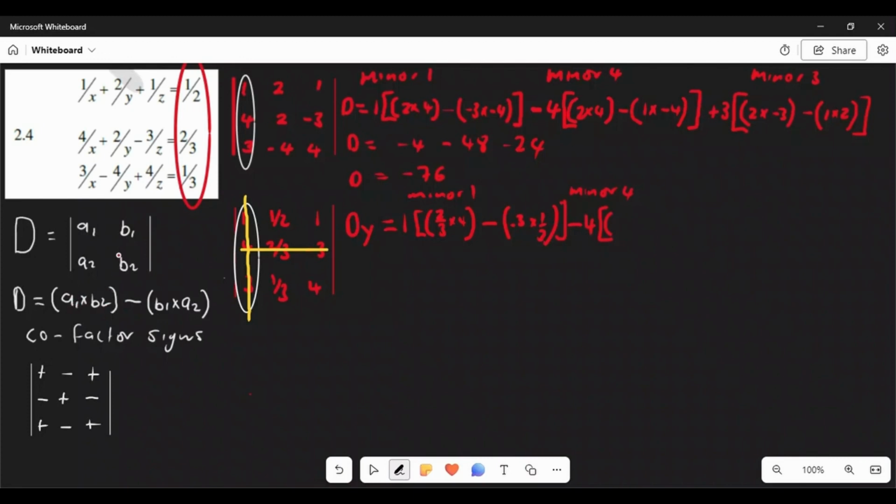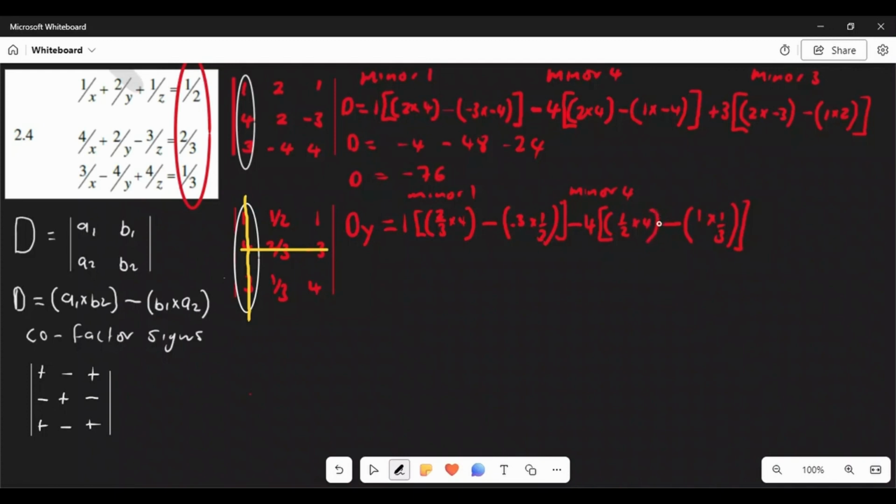It's going to be a1 multiplied by b2, which is half multiplied by 4, minus, don't forget we subtract, b1 multiplied by a2, which is 1 multiplied by 1 over 3. So when the minor is 4, this is how we do our determinant. I hope you guys can see what is happening there.